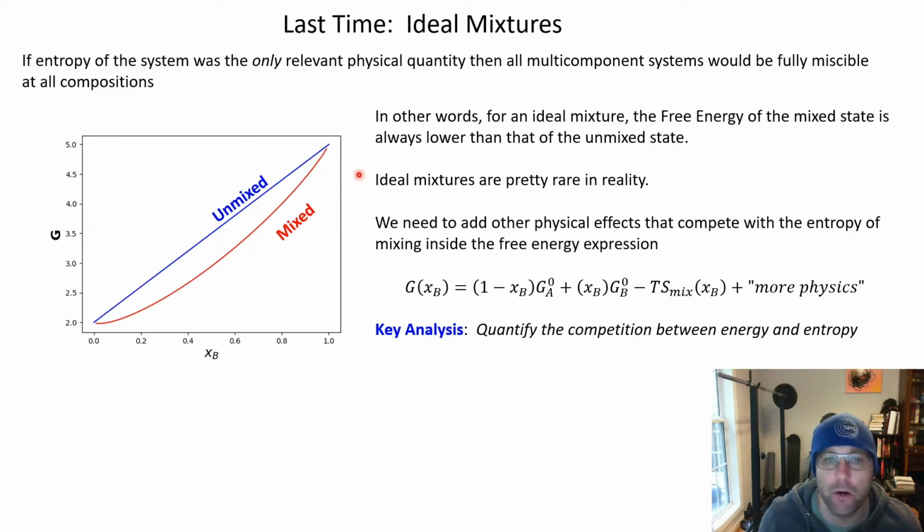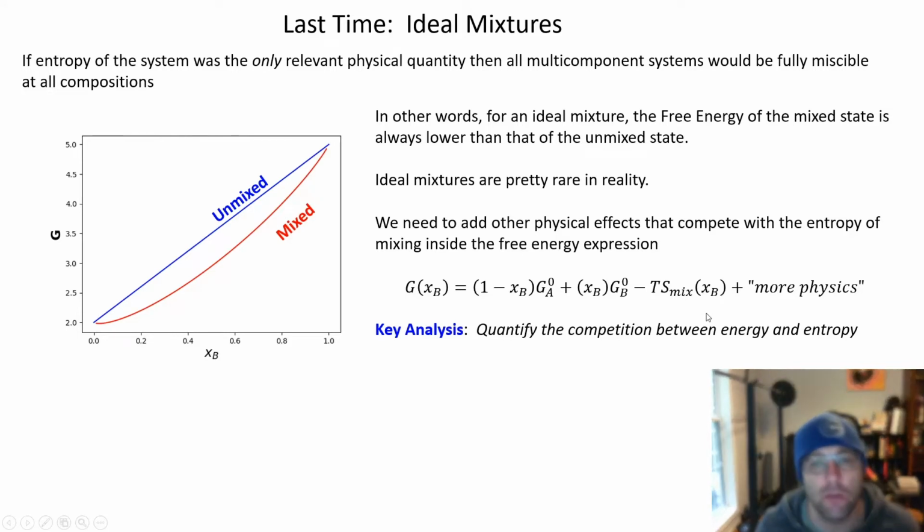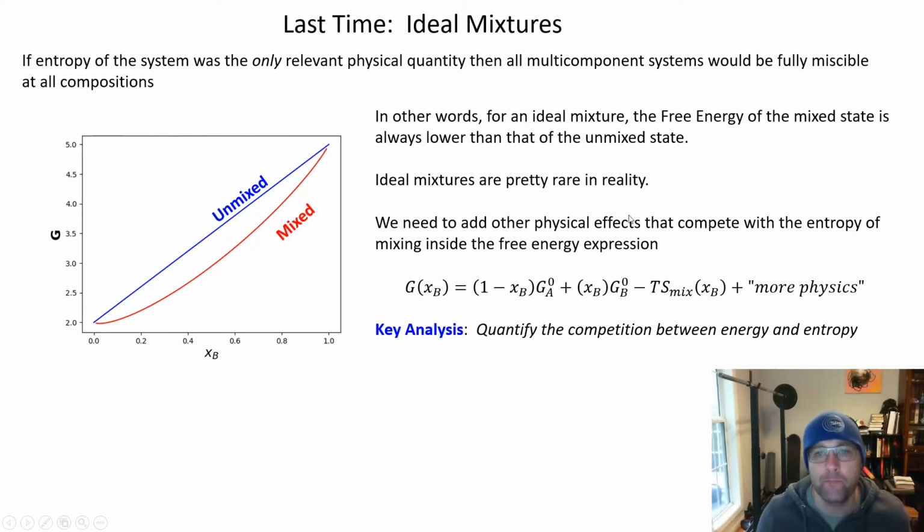The weird bowing curvature comes from the fact that the entropy of mixing has these logarithmic terms in x sub b. And so the idea here is that in a real mixture, we'll need to add more physics than just the entropy of mixing to understand the true free energy of the mixture.